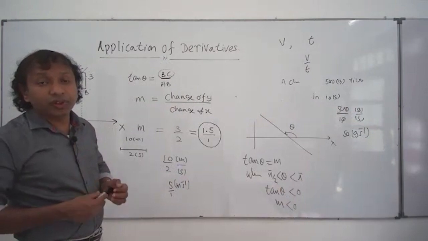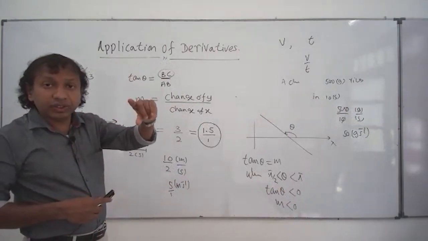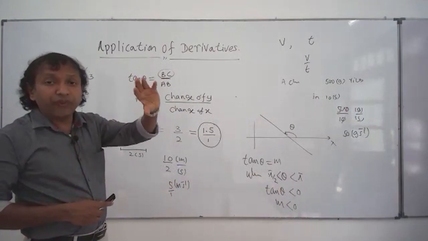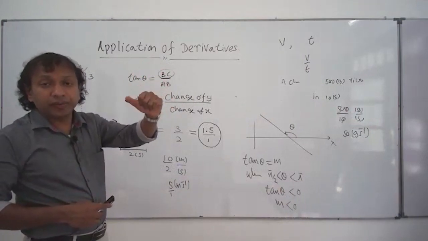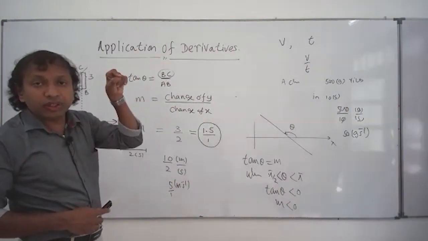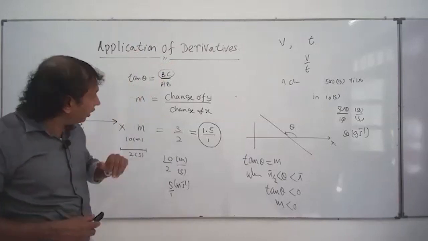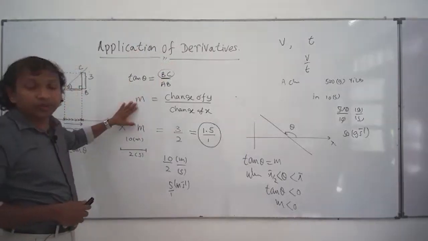So therefore, people, if anything takes the form of a fraction, numerator and denominator, while both are varying, then once the denominator changes by 1 unit, the corresponding change of the numerator is called the rate. Then here, people, the gradient also, what?